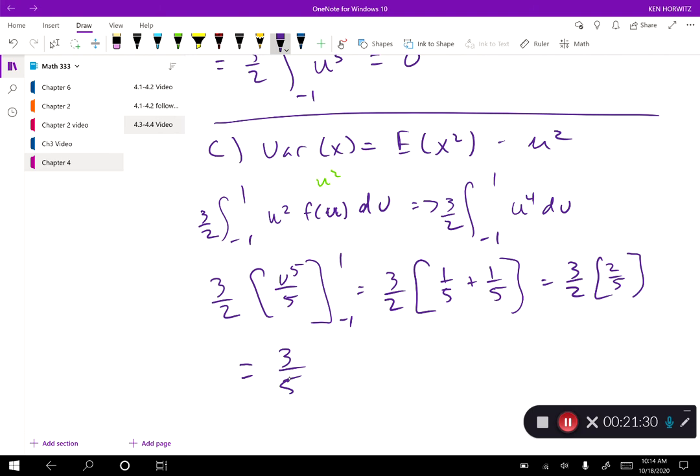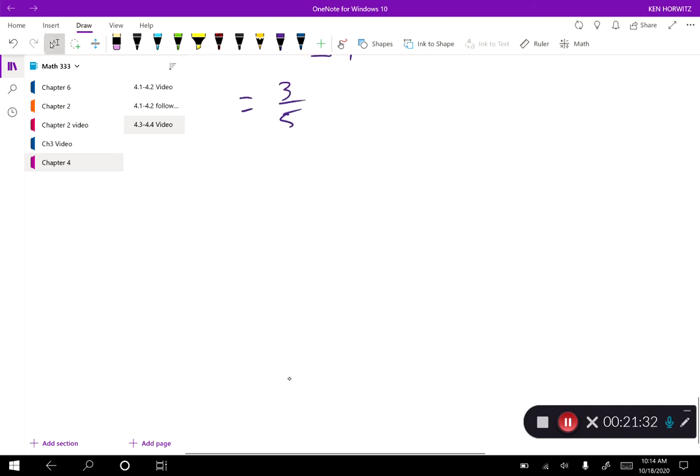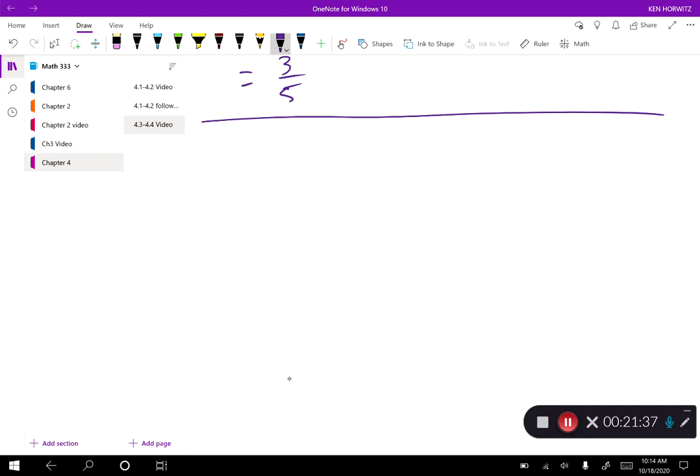All right, and lastly in this problem, kind of a long one, we want to find the probability that x is greater than or equal to 1/2. So again, pull out my 3/2.